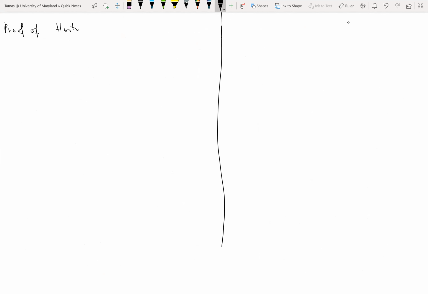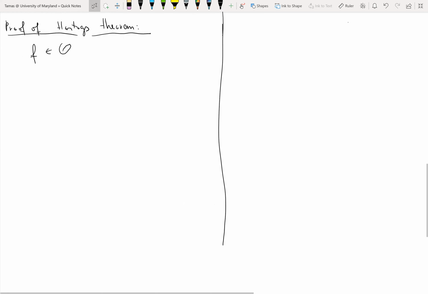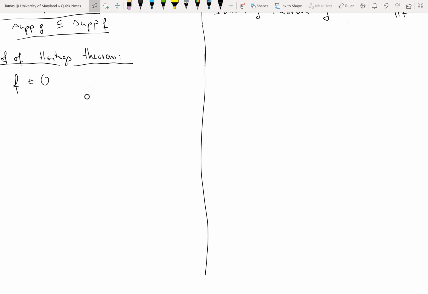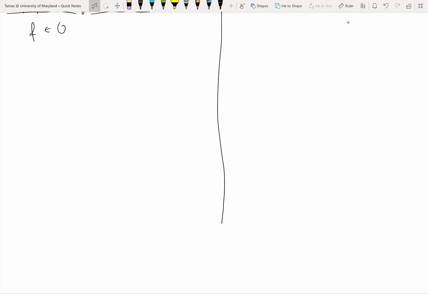Hartogs theorem. Okay, so pick a holomorphic function f on omega minus K.